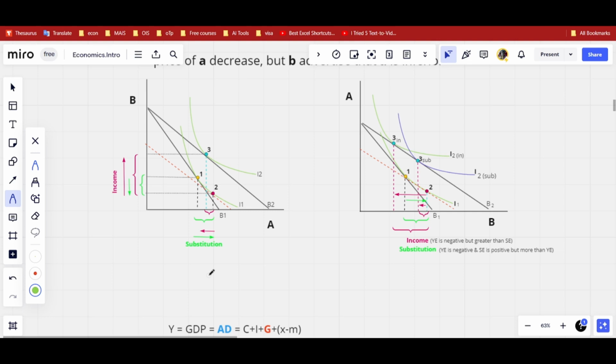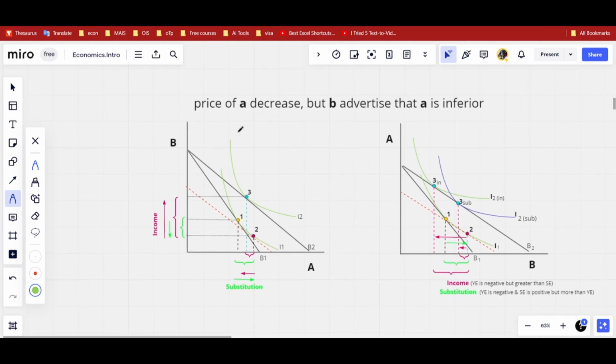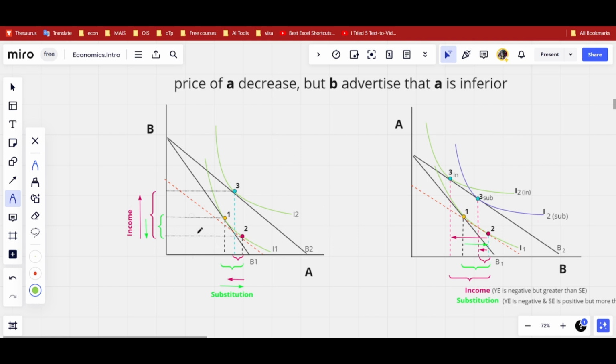And then here is a different one, let me see what has happened here. B1 to B2, B1 to B2, 1, 2, 3. This is just explaining the basic situation. So we see the income effect is greater than the substitution effect on this side; on the other side, the substitution effect is greater than the income effect.